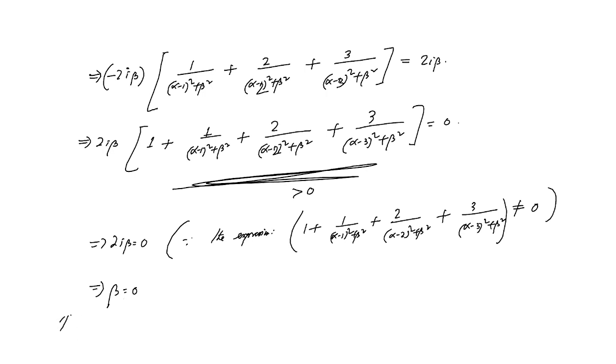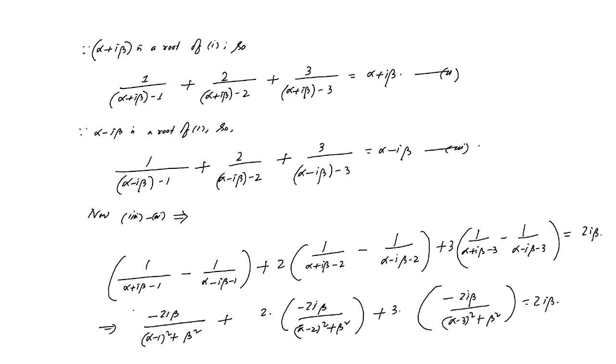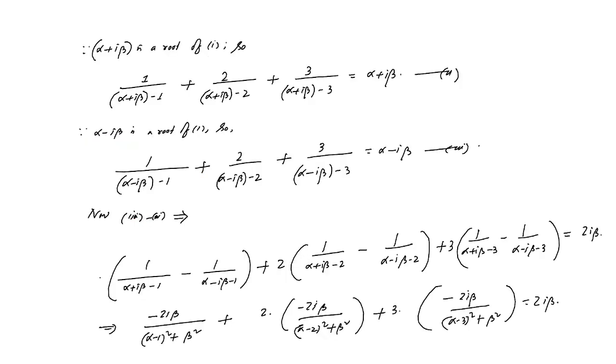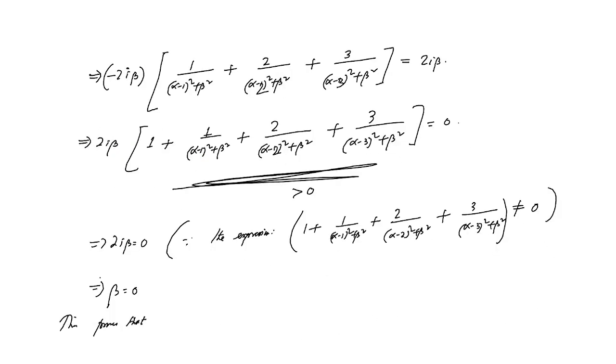So this proves that, when we take alpha plus i beta as a root, here beta equals 0. That means it is just alpha, a real number.